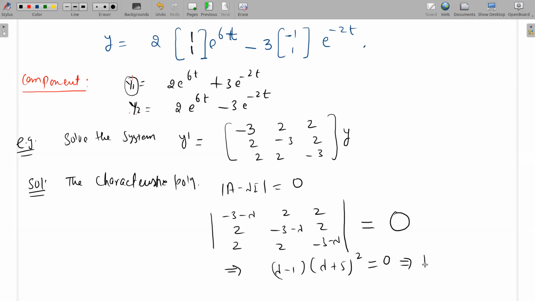So you got three eigenvalues, lambda 1 equal to 1, lambda 2 equal to minus 5. So we got a repeated eigenvalue. So lambda 2 equal to minus 5 is an eigenvalue of multiplicity 2.